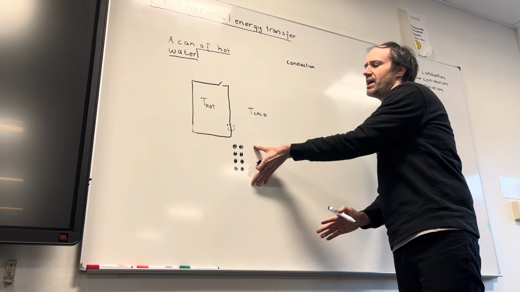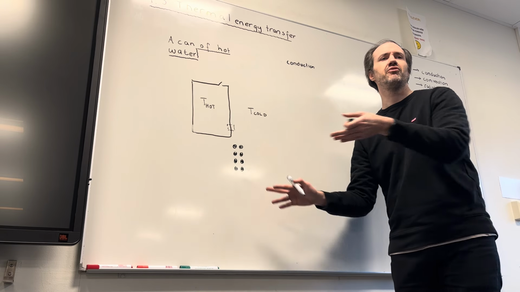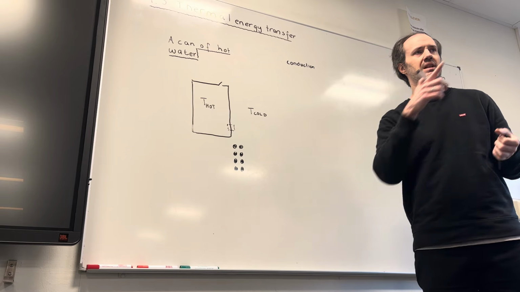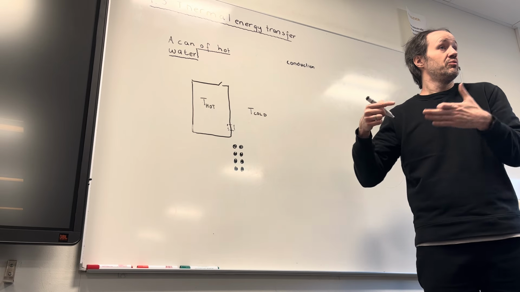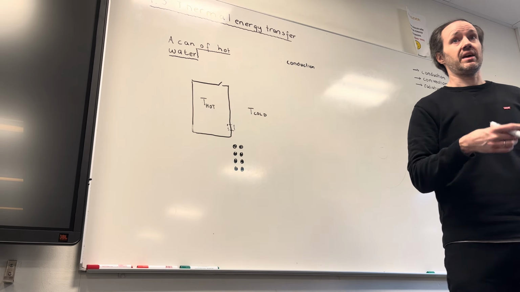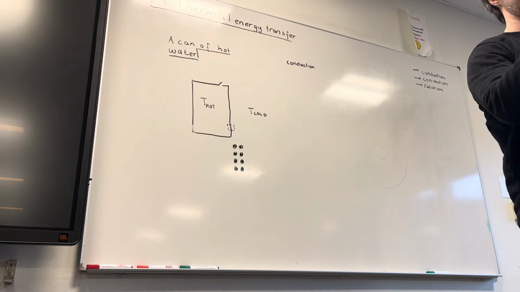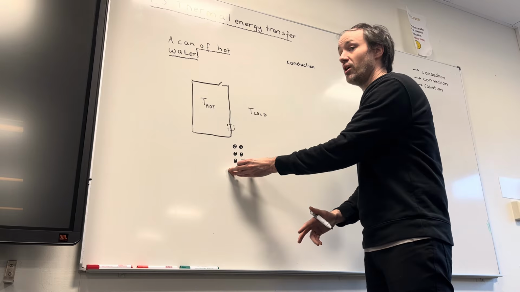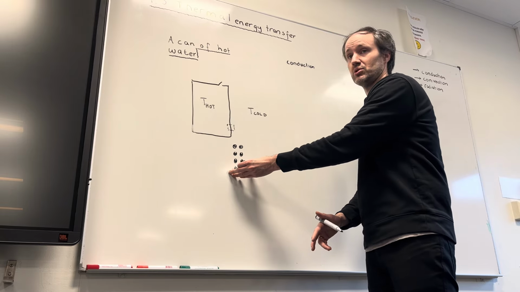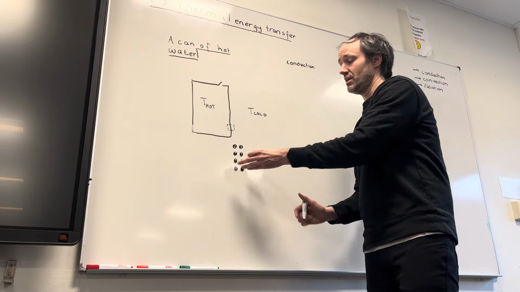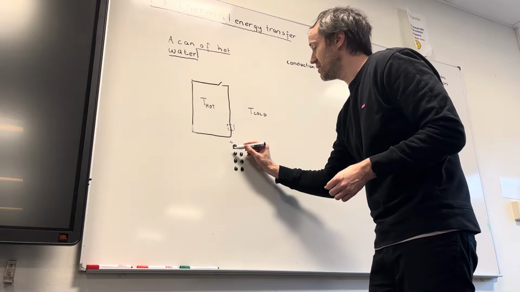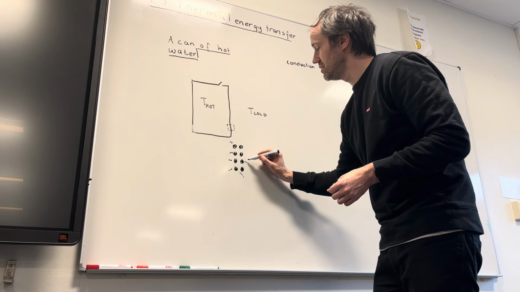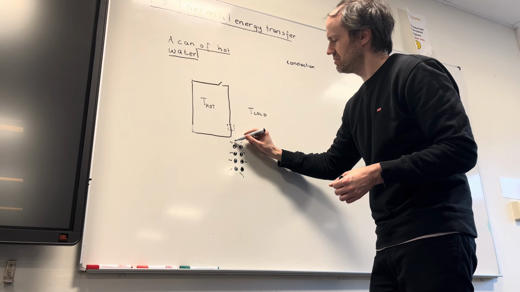How would you describe the motion of these particles when the temperature is high? Lamia? They move very quickly because they have a lot of kinetic energy. So when I draw molecules that have high temperature, I have to try to visualize that they're moving quite a lot. Does it look like those are moving?